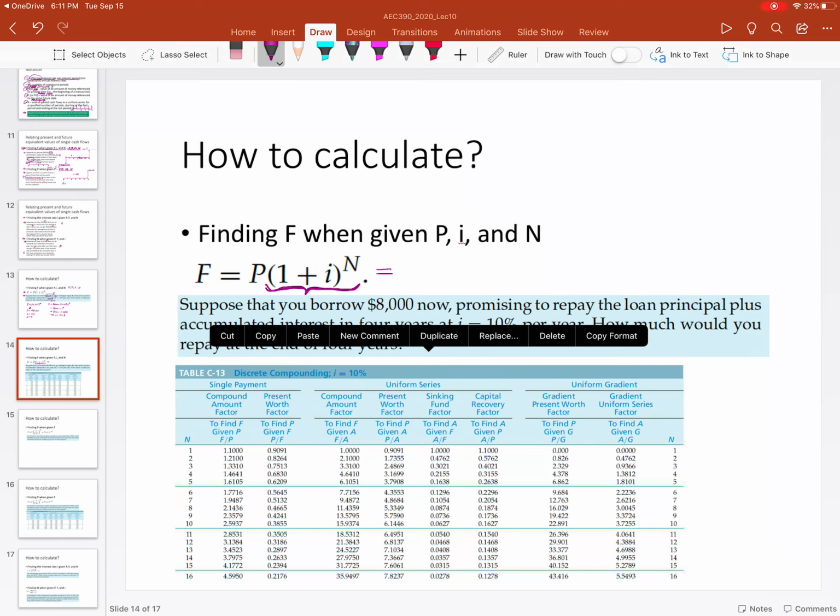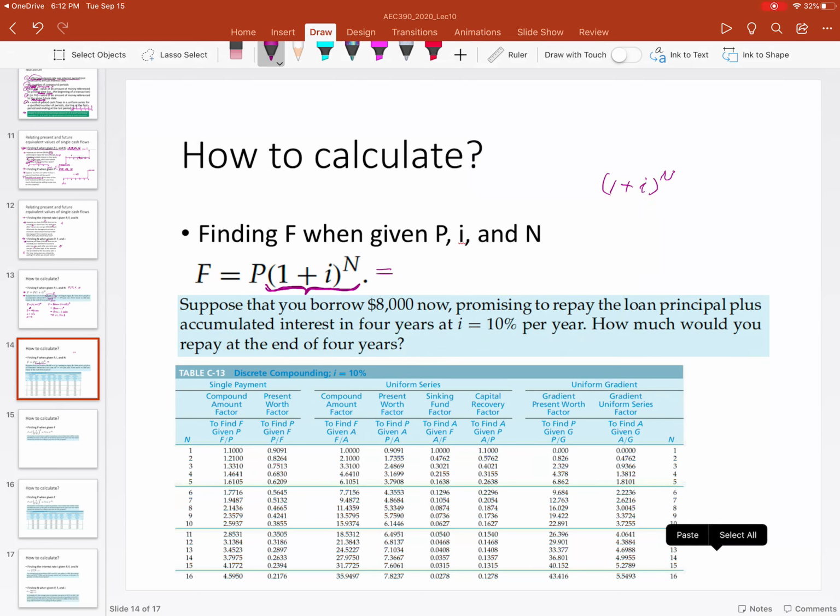Somebody else already calculated this in different scenarios, like when I is 1%, I is 2%, I is 3%, until I is 20%, and when n is 1, 2, 3, 4 until 100. So somebody has already calculated the different combinations of this term, okay? And then we have a term or a factor to represent this term.